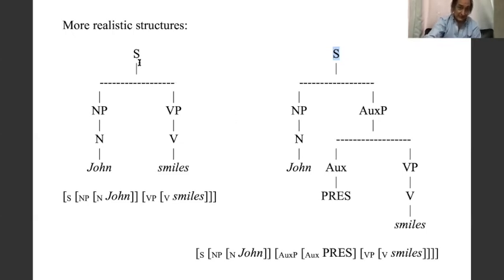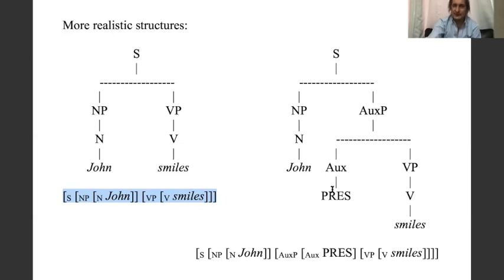And more commonly, we'll be using the simpler structure, the one on the left. The choice depends on what we need to do. At some point, we're going to start analyzing tenses. I believe that's chapter 8.